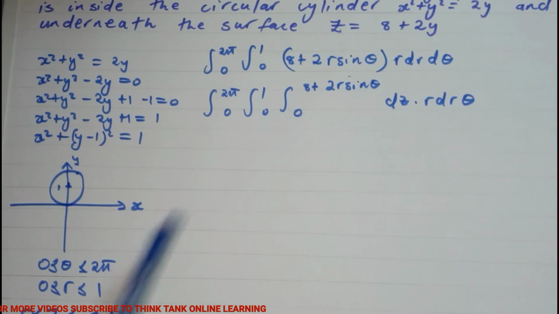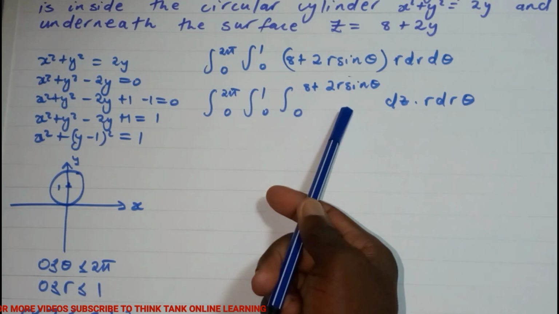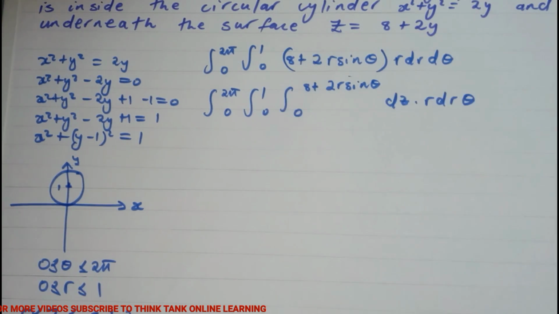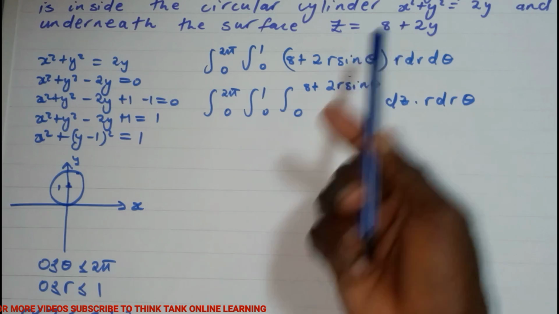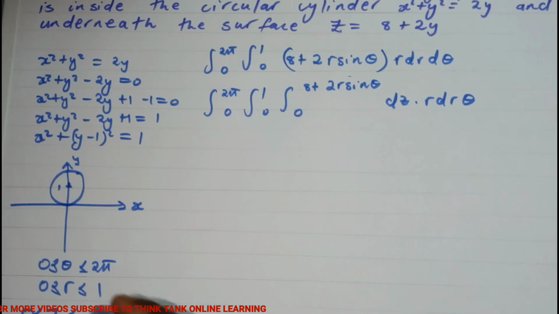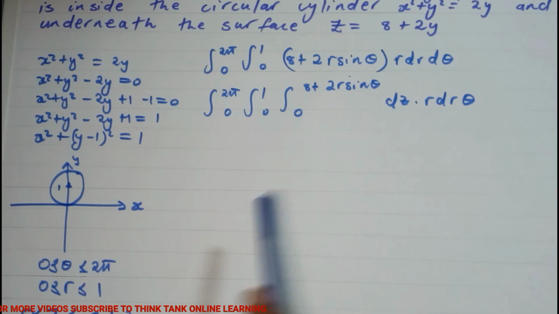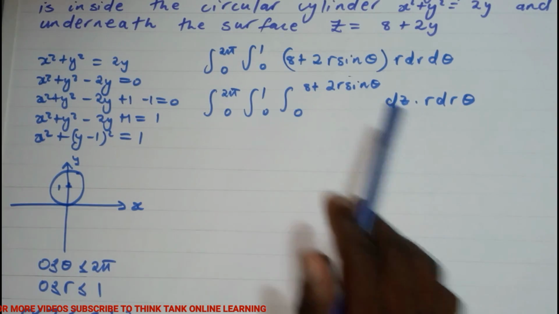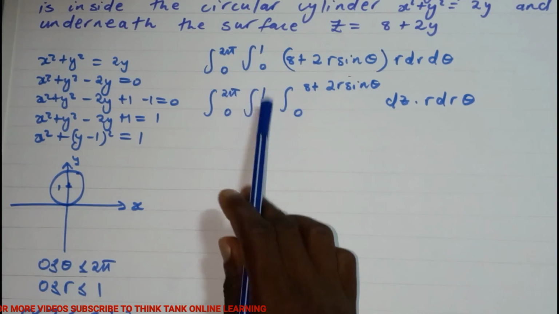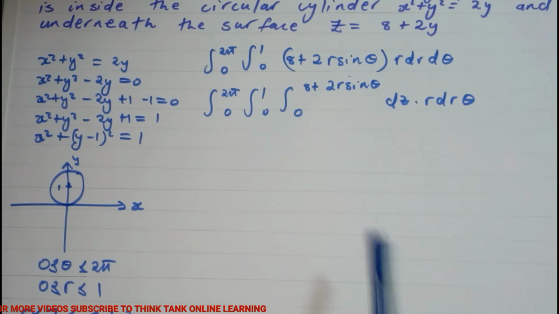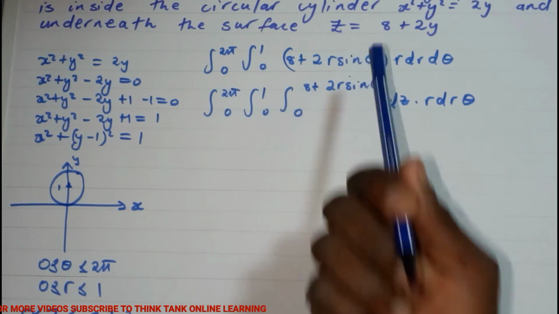When you integrate with respect to z, you get the same formula as the double integral. But we'll only use double integrals when you know the lower bound of z is equal to 0. If the lower bound of z were not 0, this would not work, but the triple integral would. So I'm going to use the double integral, but it's just the same thing.